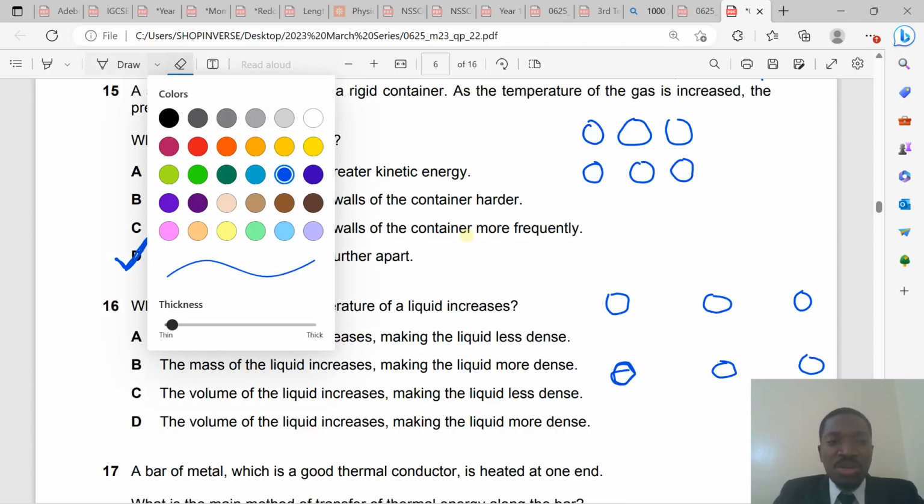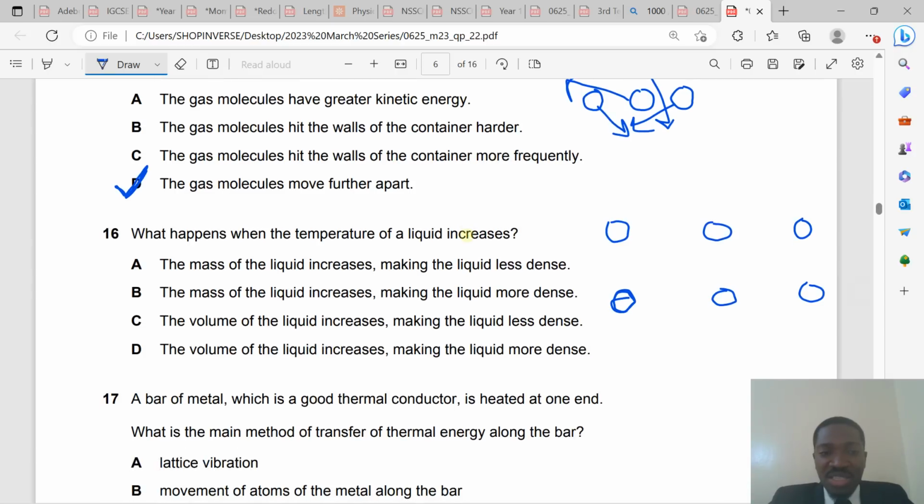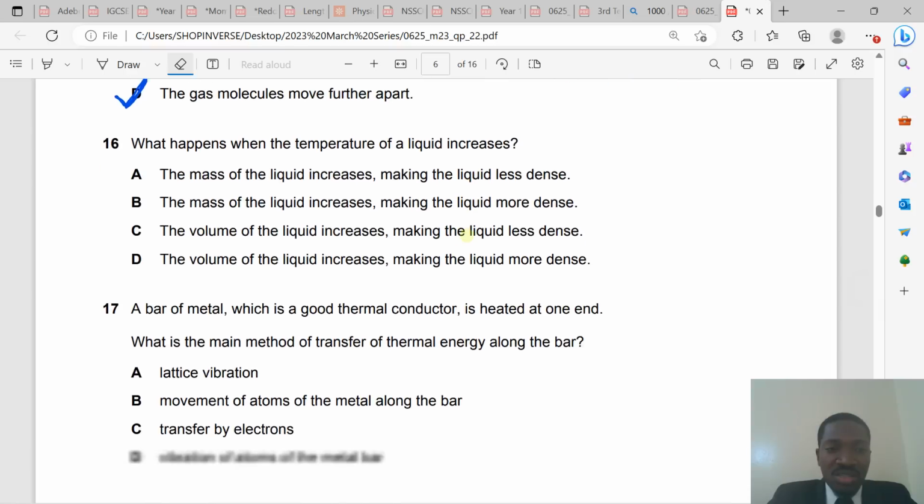But in the case of gas, molecules are always moving in random directions. So you cannot say the average distance between the molecules will increase, because the molecules are constantly moving and you cannot predict what the distance apart would be. Good, so this is not correct.